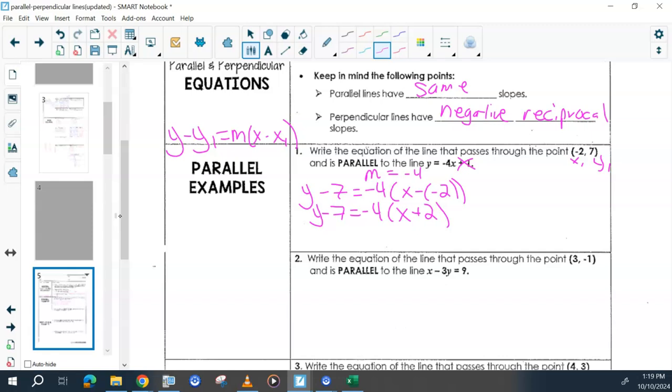Then you could distribute the -4. So that we have y minus 7 equals -4x minus 8. And last step, add 7 to both sides. What would that final equation give us?